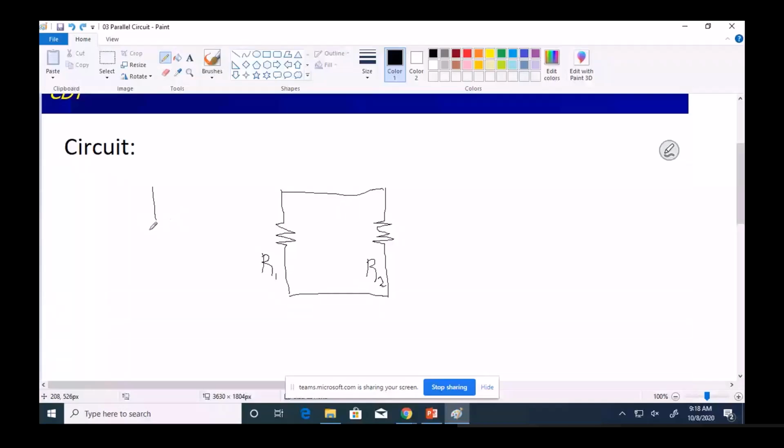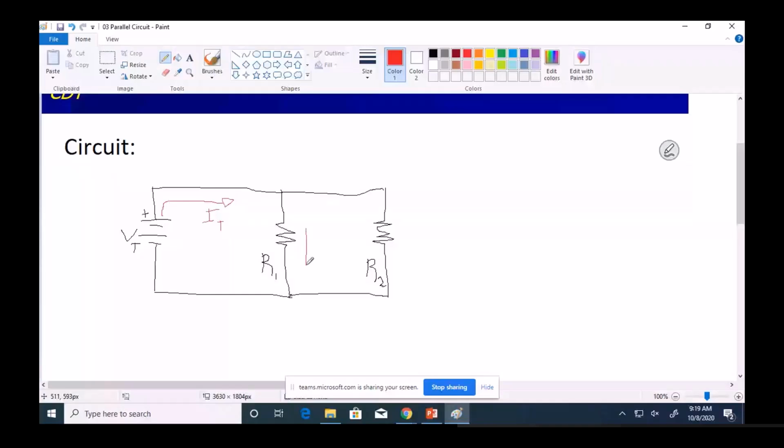So you draw the battery. You can connect anywhere as long as it is a parallel connection. And this is our V total. This is the positive side. So instantly we have a current flow. This is our total current.